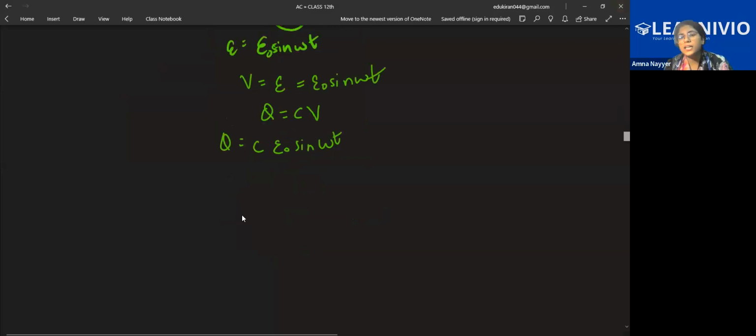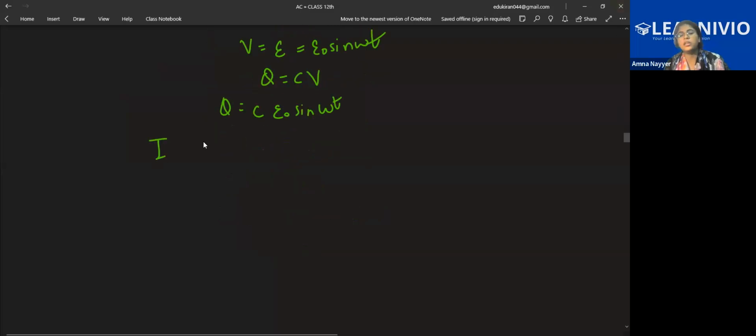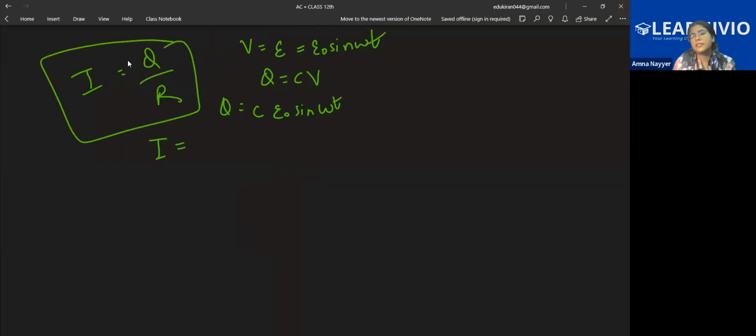See, the formula of current. In terms of charge, what is the formula of current? Q by... Then I is equal to V by R. Is this wrong?